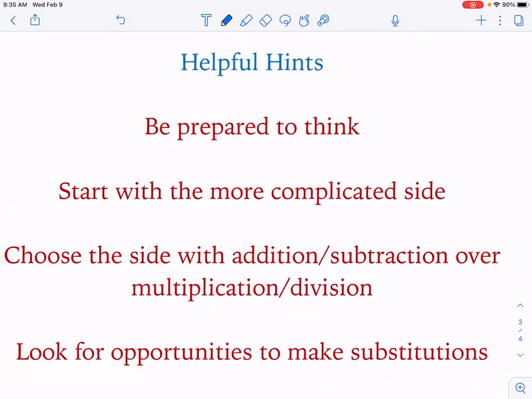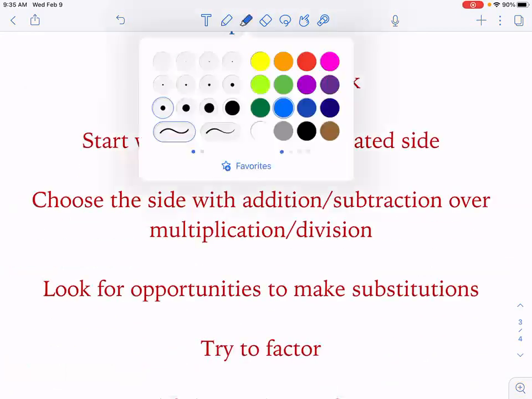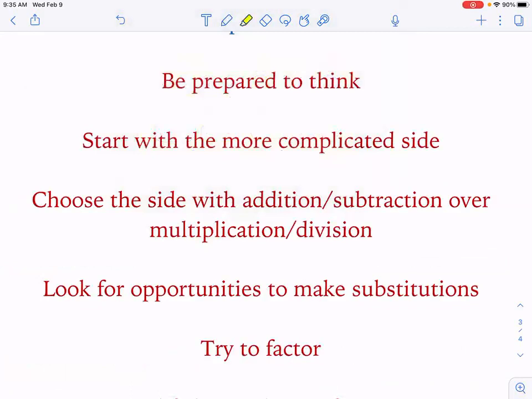It might be helpful to start with the more complicated side. So maybe you have like one term on the left side, but like 3 terms with a fraction on the right side. What's that side? If it's more complicated, you can manipulate and condense until it looks like the left side.